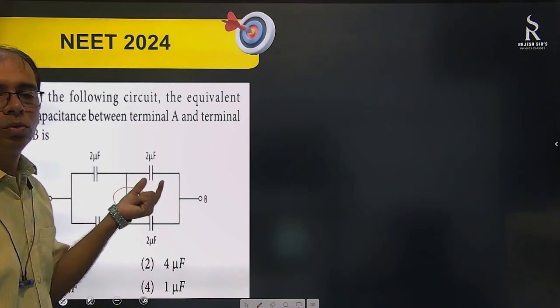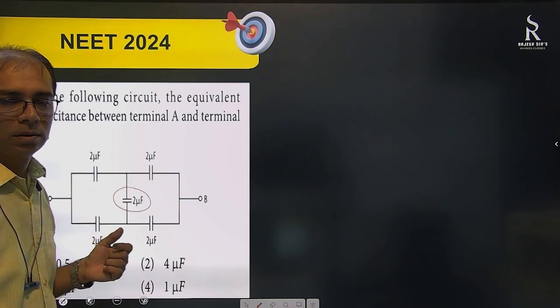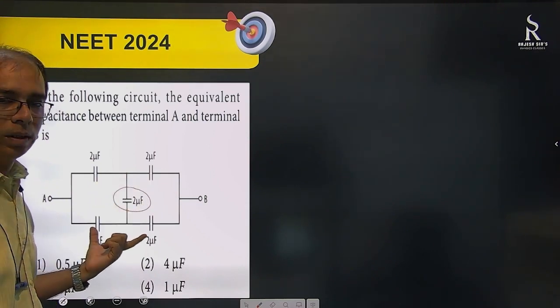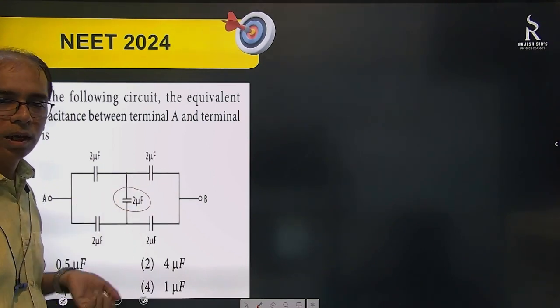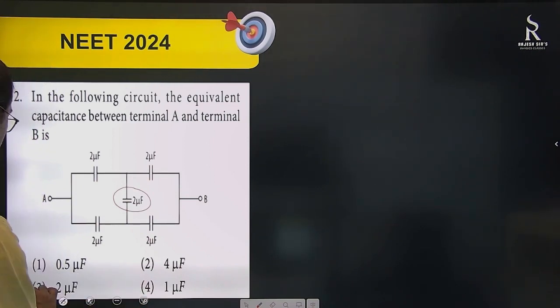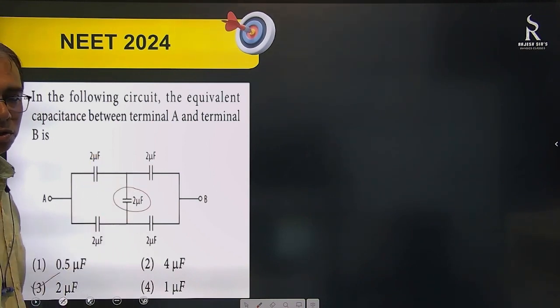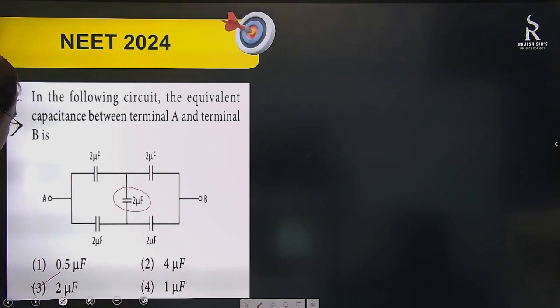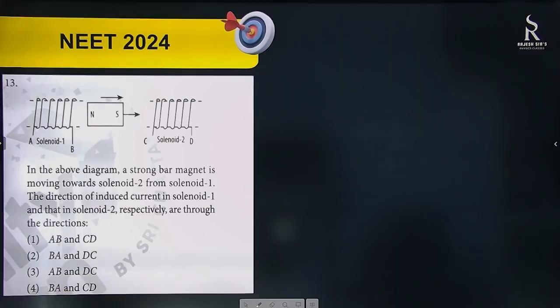So 2 and 2 are in series, which means net capacitance here is 1. Same way here also 1. Then 1 and 1 are in parallel. So the answer is 2 microfarad. Very easy question. Since it is a Wheatstone bridge, there is no current here.